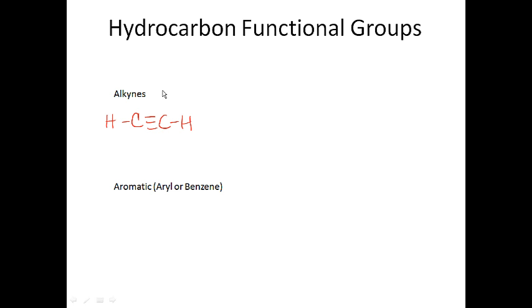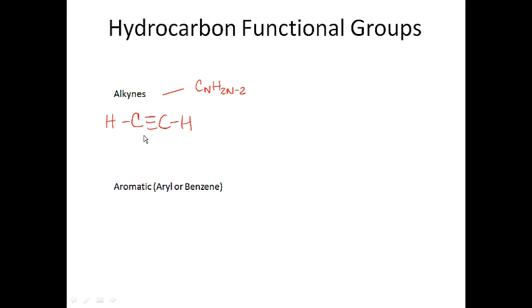The general formula for an alkyne is CnH2n-2, so we've lost 2 more hydrogens off of the maximum amount. We normally don't call alkynes unsaturated; unsaturated really means double bonds, but alkynes are even more unsaturated and contain even fewer hydrogens per carbon atom.